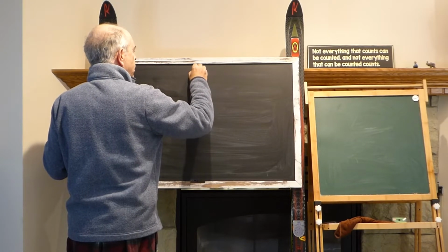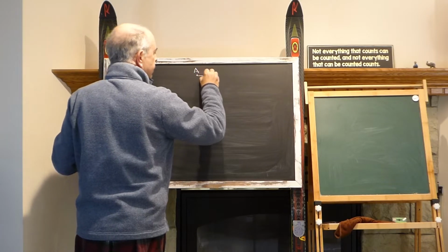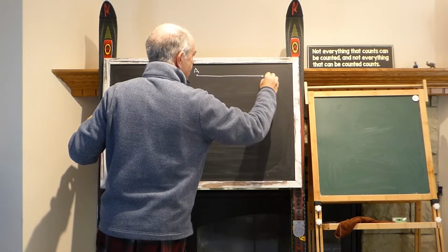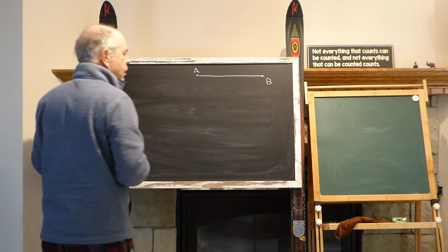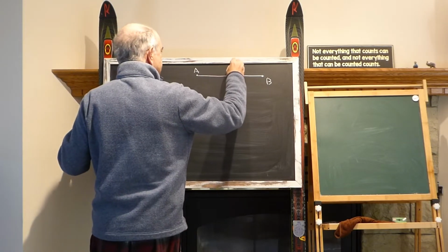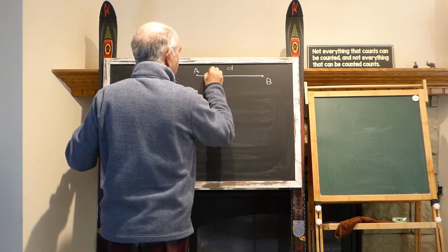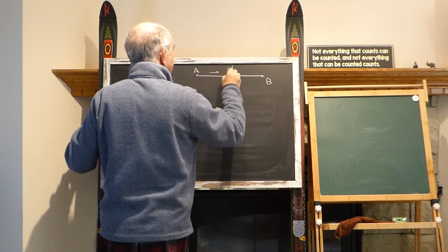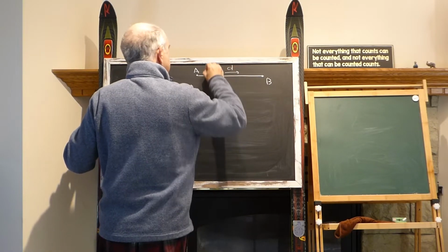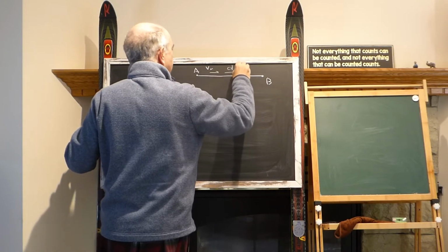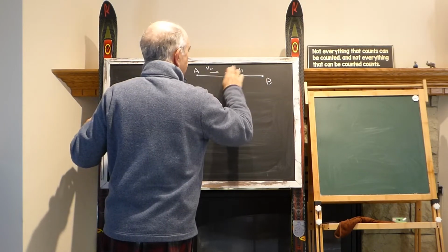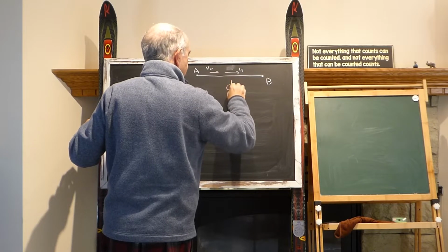So this is a dock where the action starts, and this is a village, and this distance is D, right? And the boat goes this way, and the river goes this way. So we have V river, and we have U, and let's put this D here.